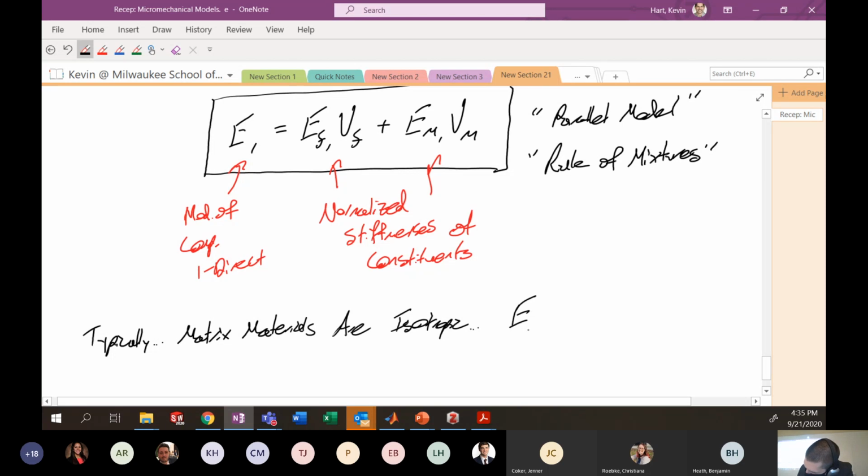So the general idea is that the modulus of the matrix in the one direction is the same as the modulus of the matrix in the two direction, is the same as the modulus of the matrix in the three direction. So we generally just drop the directionality associated with the stiffness of the matrix phase, and we will just write capital E sub m. We'll make that assumption in this class going forward. When we talk about epoxy matrix, that's isotropic. When we talk about thermoplastics, or even a metal matrix phase, it's generally going to be isotropic behavior.